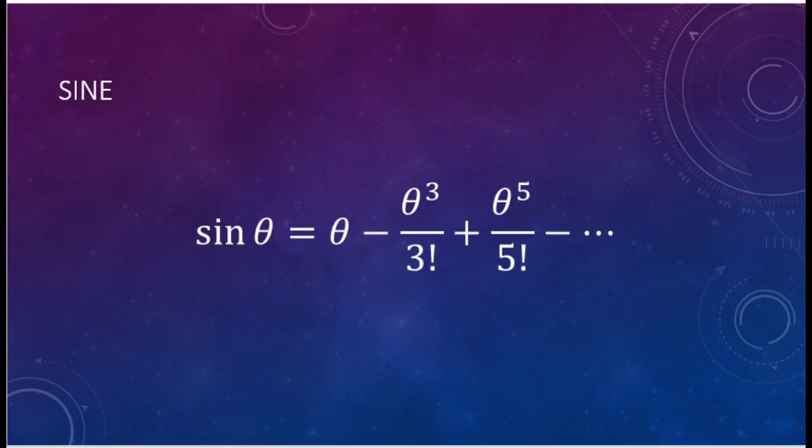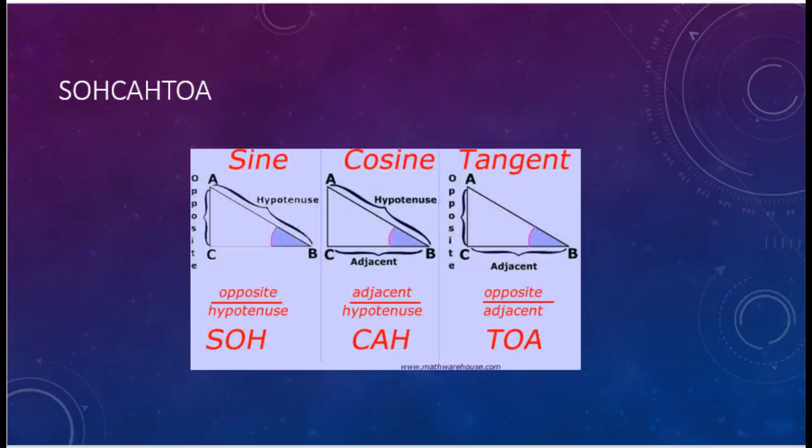And then the definitions for sine, cosine, and tangent. Remember, I said arctangent is the inverse function of tangent. But these are the definitions that you'll typically find in school. You'll see sine is, they say, opposite over the hypotenuse.